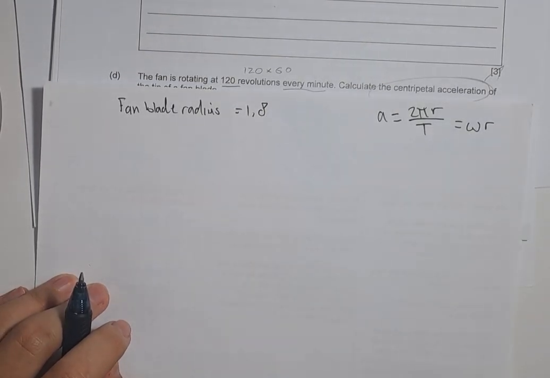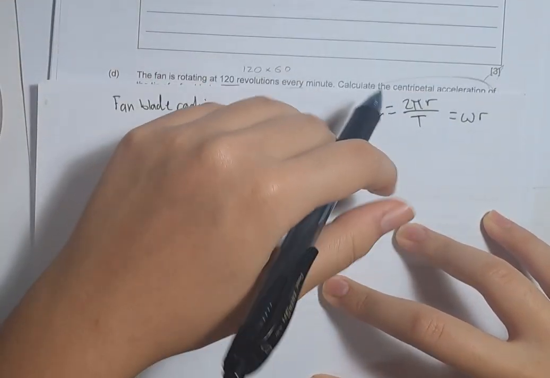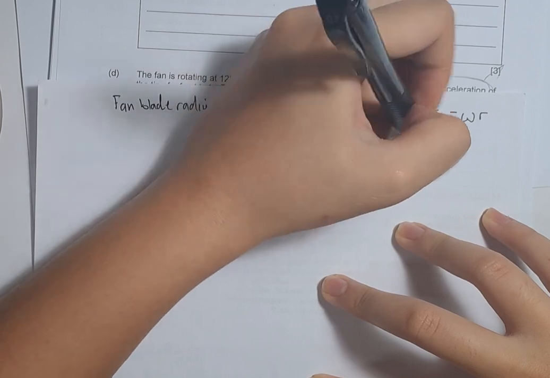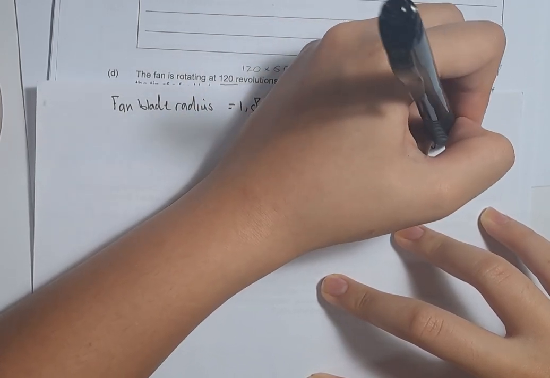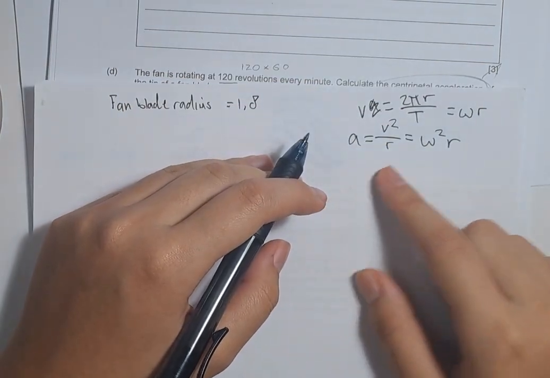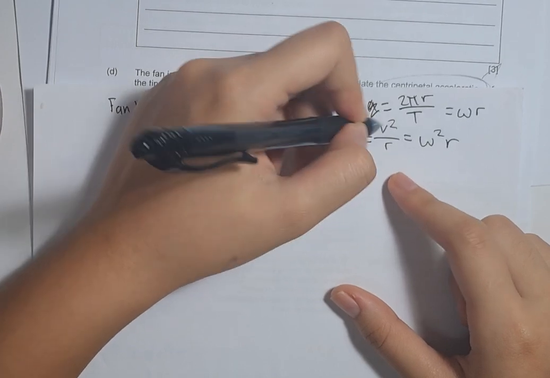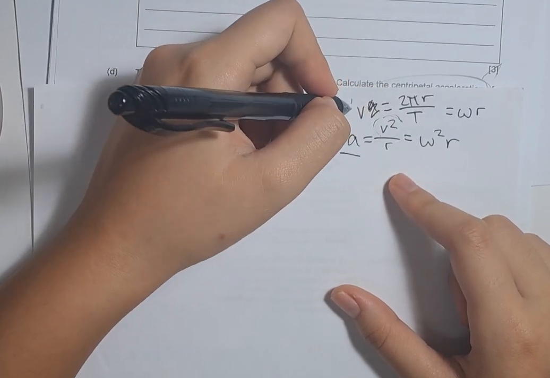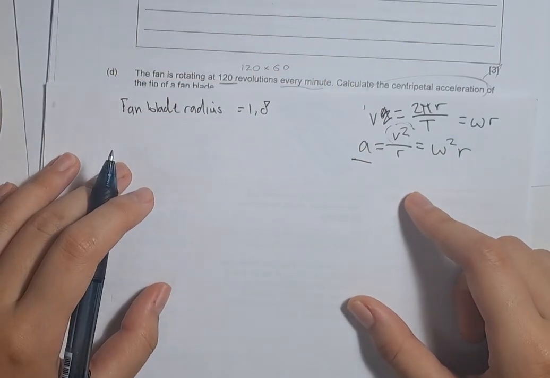Wait, is that the right one? No, this is for v. Oops, that's for v. And the other one is a equals omega squared r. So, in order to find the acceleration, you kind of need to find the linear speed.